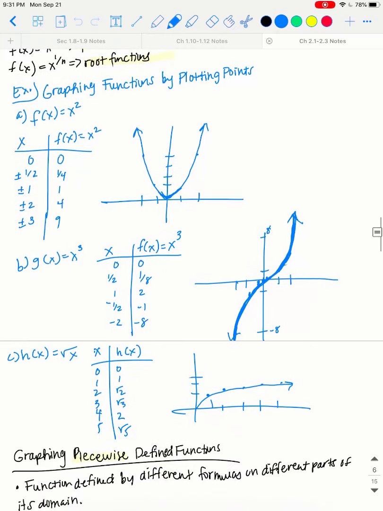So here's an example where we're going to graph this function by plotting points. Our f(x) equals x squared. These are our various values of x: 0, plus or minus 1/2, 1, 2, 3. It doesn't matter if they're positive or negative, because when we square them, they end up being positive. So we plot our points.